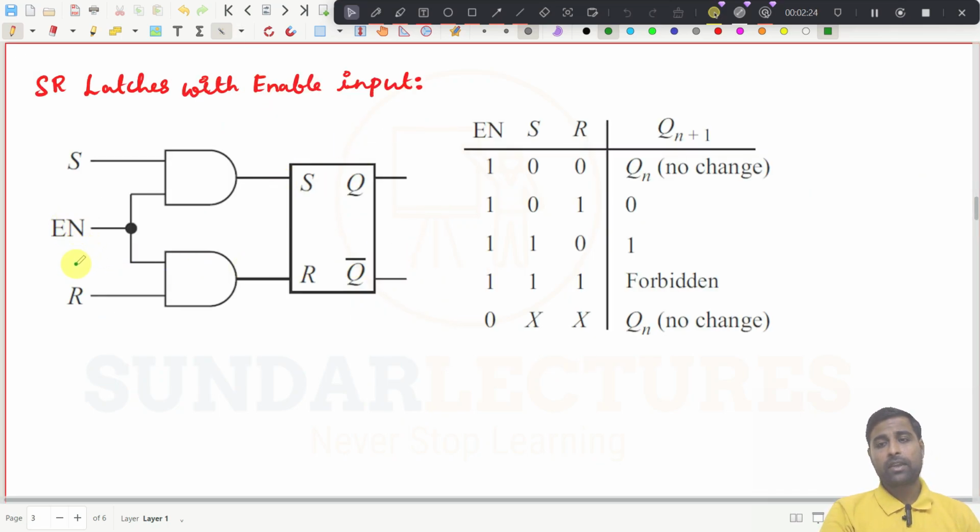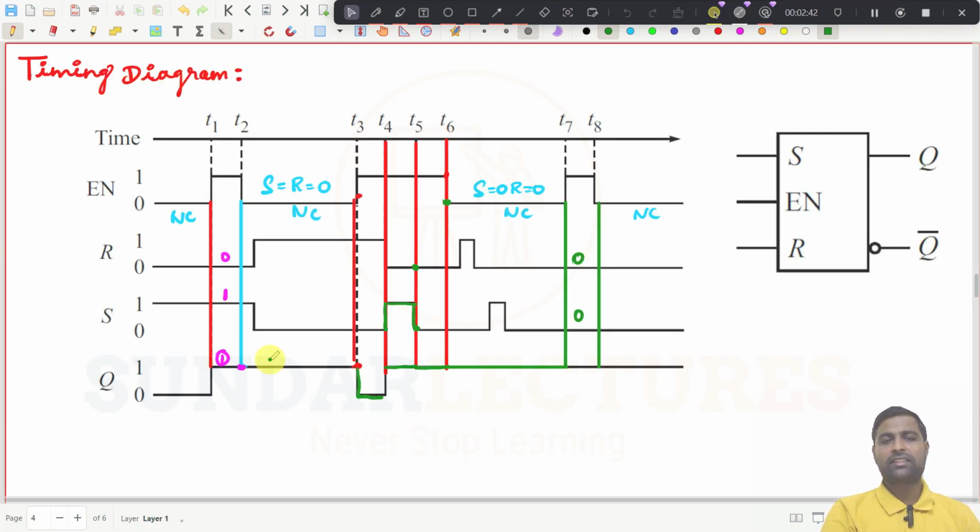It shows us that only when the enable is high will the SR latch look for SR inputs. Until then, the SR latch will be in no change condition if the enable input is 0. That is the idea we have seen in this timing diagram, right? This is the symbol of that one, S, R, and we have an enable here.